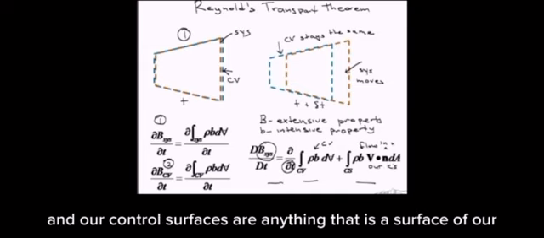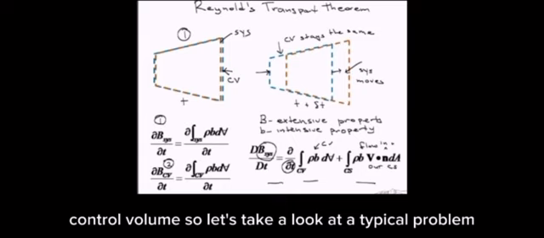Our control surface is anything that is a surface of our control volume. So let's take a look at a typical problem.